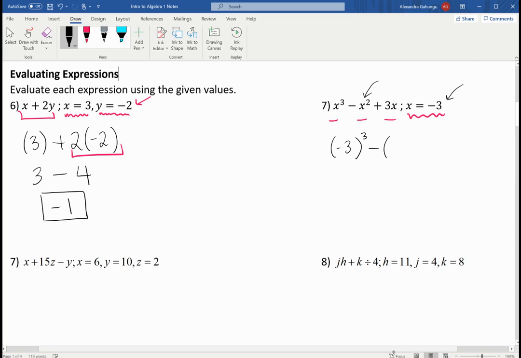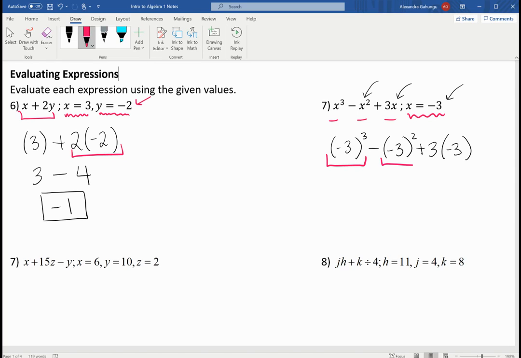So instead of having x, I take -3 and square it, plus, and I notice it's 3 times x, so 3, and instead of having x there, I'm going to put in the value -3. So now we've got an order of operations.